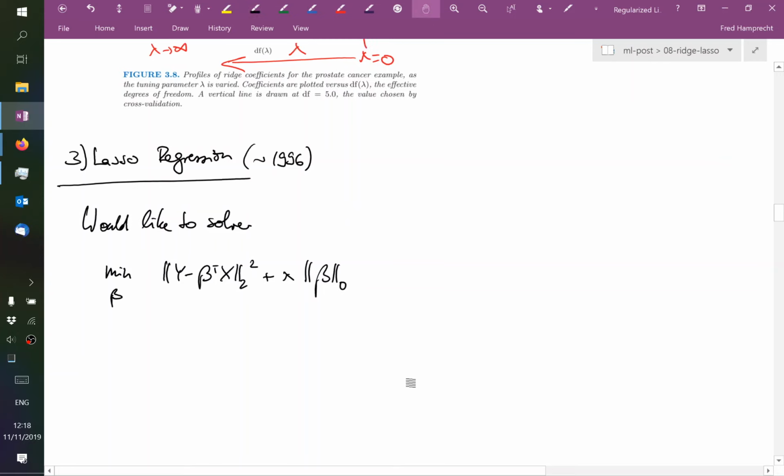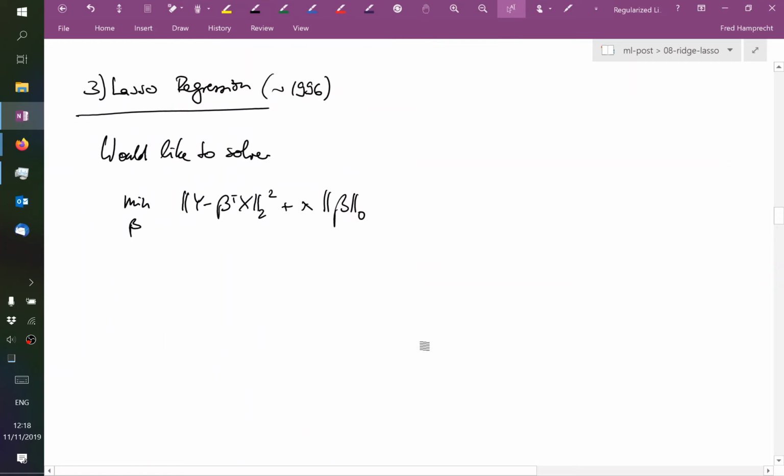What is the L0 norm? It simply counts the number of non-zero components.